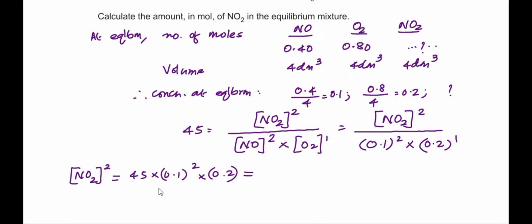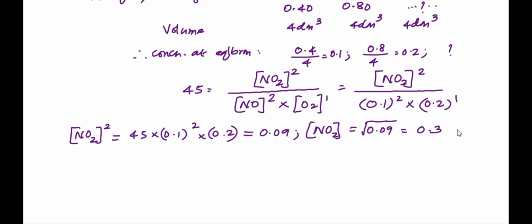So rewriting this, NO2 concentration to the power of 2 is equal to 45 times 0.1 squared times 0.2, which gives us, from the calculator, 0.09. That is NO2 concentration squared. Therefore NO2 concentration is equal to the square root of 0.09, leading to 0.3 moles per dm cubed.